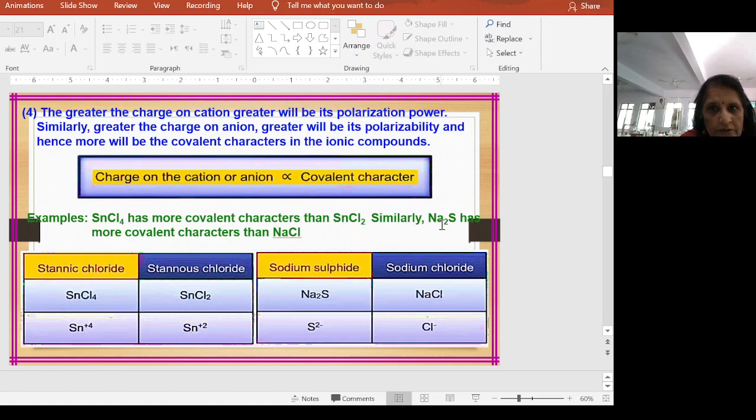So the greater the charge on the cation, the greater its polarization power. Similarly, the greater the charge on the anion, the greater its polarizing action, and hence the more covalent character in the ionic compound. So there are certain factors you should remember: smaller the size of the positive ion, bigger the size of the negative ion, more the charge on the cation, more will be the covalent character in the molecule.